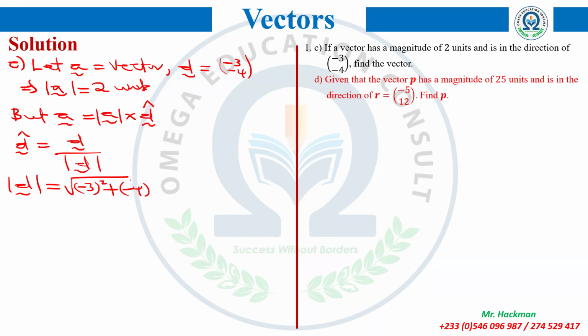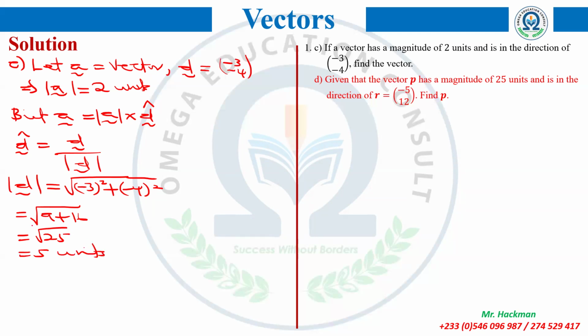My professors, are you with me? So this will be equal to root of 9 plus 16, which again will give us root of 25. So in effect, I'm going to get 5 units.